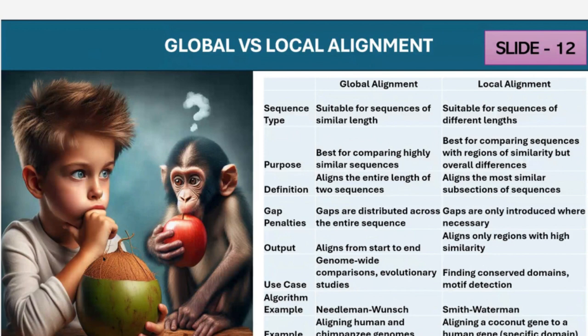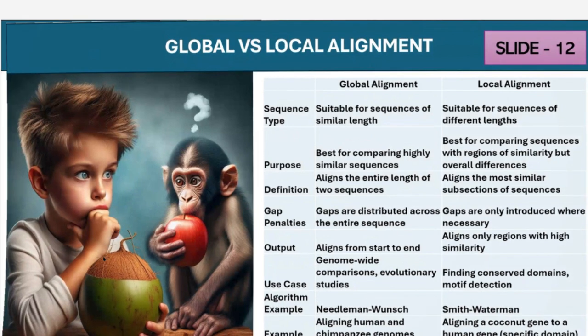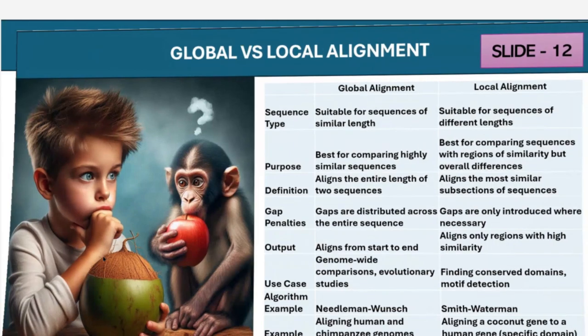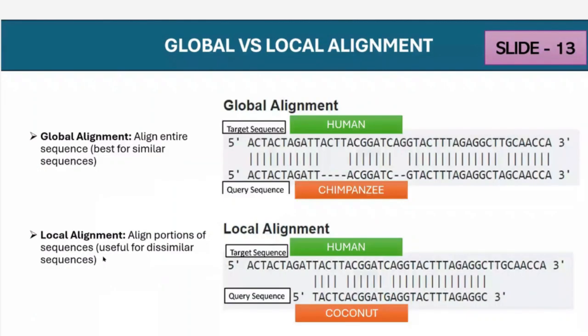First of all, we need to download the sequences from NCBI. Then we need to align the downloaded sequences globally and locally. Okay, now we align the sequences globally and locally.